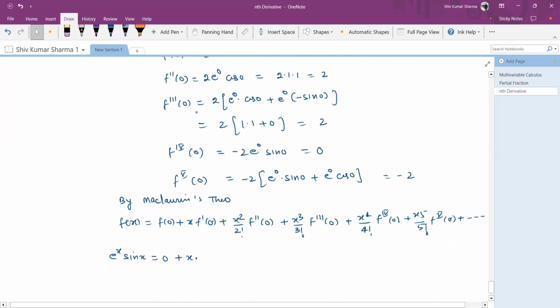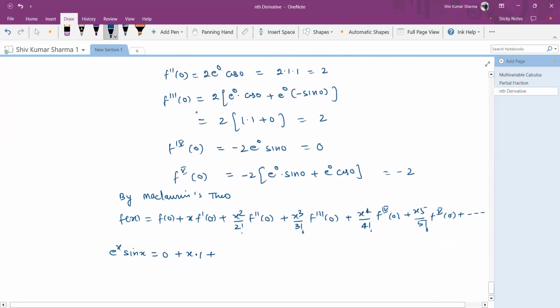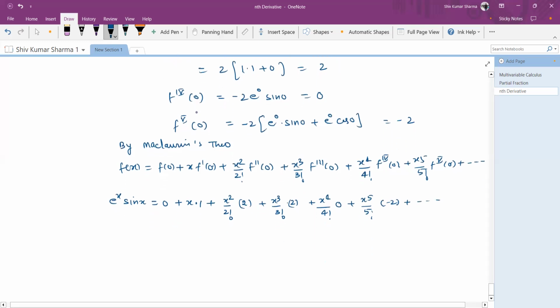F dash naught is 1, plus x square upon factorial 2 times f double dash naught, which is 2, plus x cube upon factorial 3 times f triple dash naught, which is also 2, plus x4 upon factorial 4 times f4 naught, which is 0, plus x5 upon factorial 5 times f5 naught, which is minus 2, and so on. Now we simplify this.